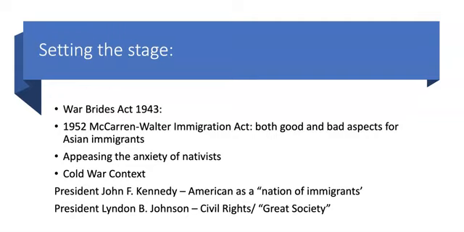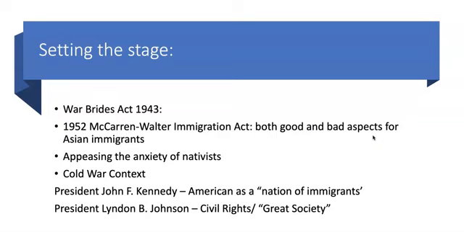That's why I'm mentioning it here. So that's the good aspect of it. Now, with the 1952 McCarran-Walter Act, you have Asians in America, however small a number, who could now actually be naturalized as citizens.